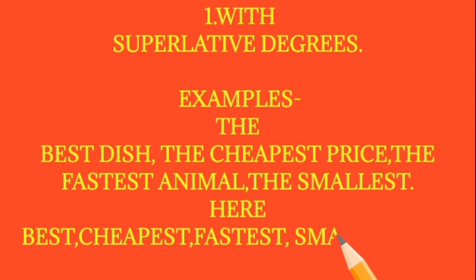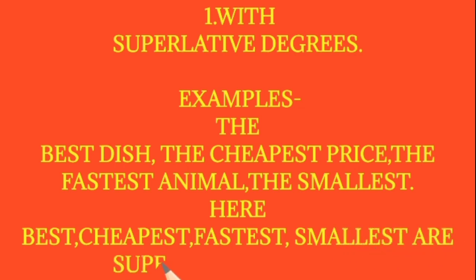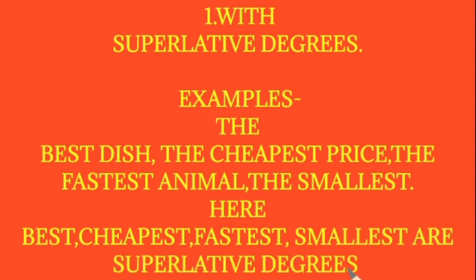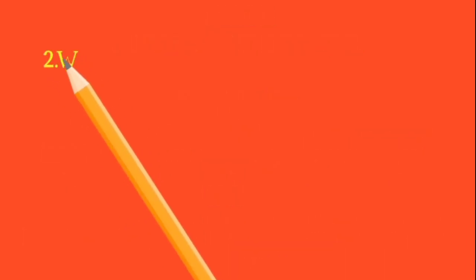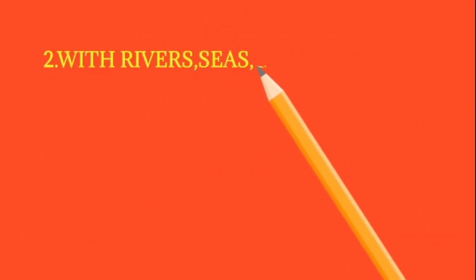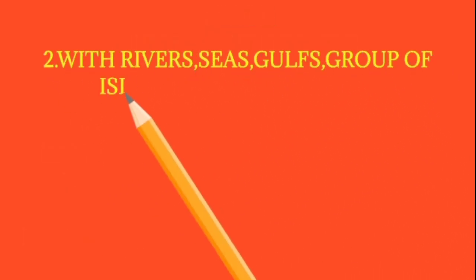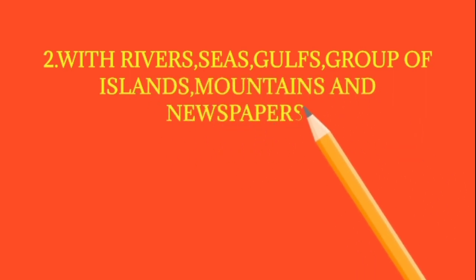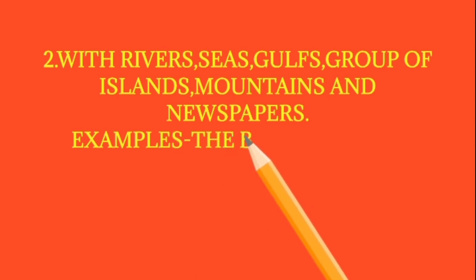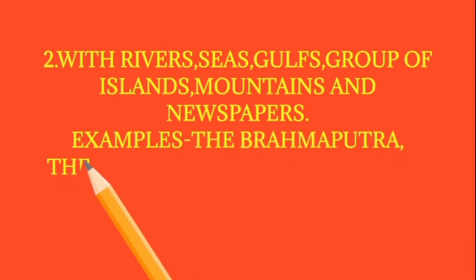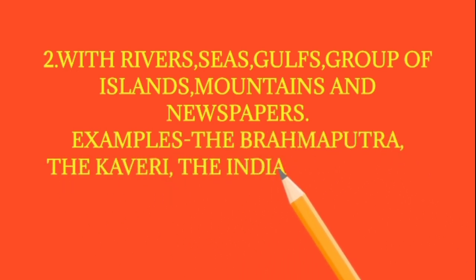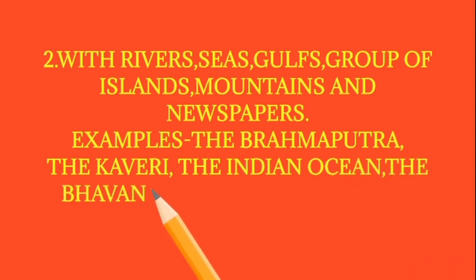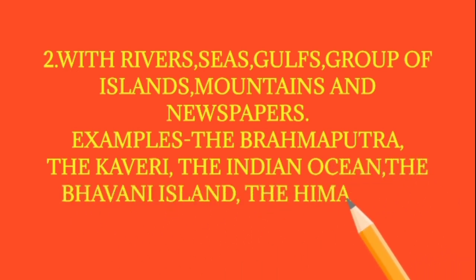Here, best, cheapest, fastest, smallest, these words are superlative degrees. Second use of the article: with rivers, seas, gulfs, groups of islands, mountains and newspapers, we will use the article.